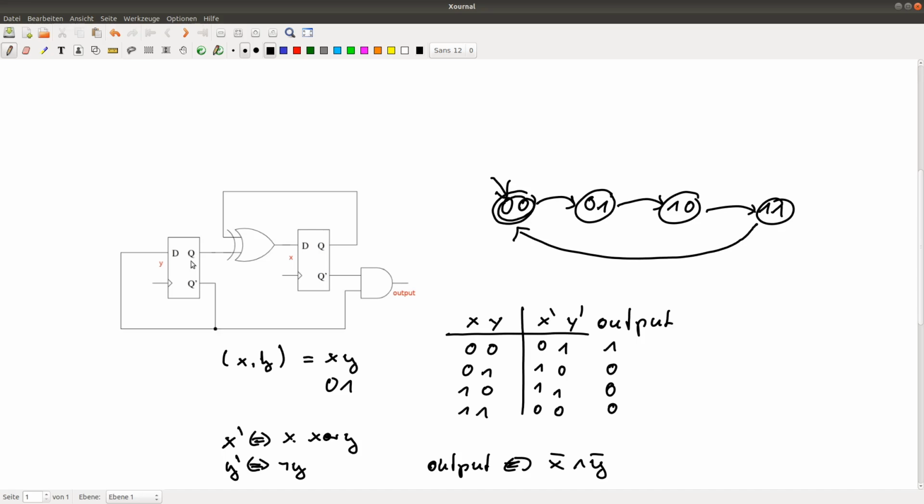So we want to produce an output word based on the given input word, and this we can do with the I/O automaton, which we will introduce next.